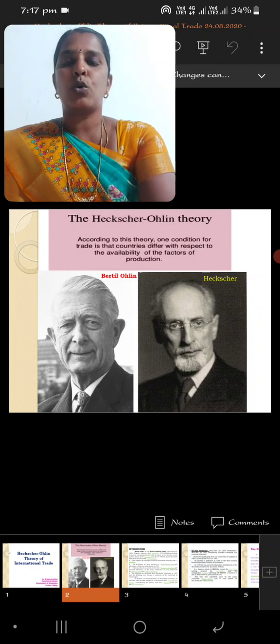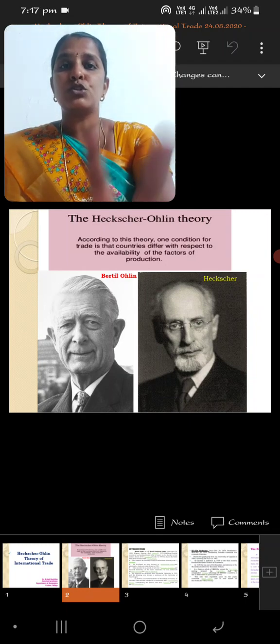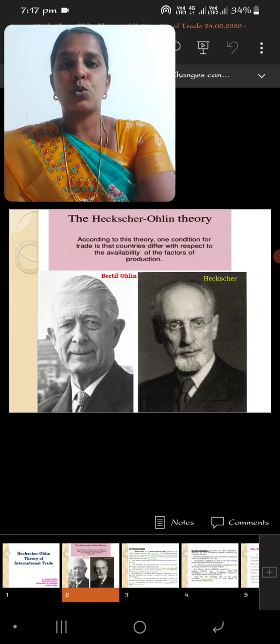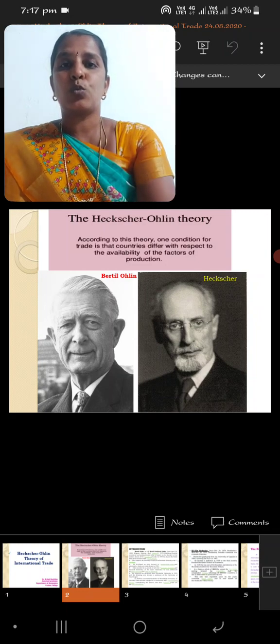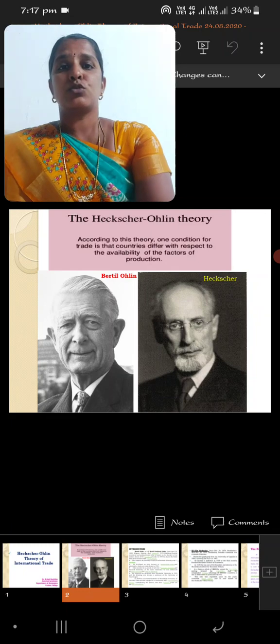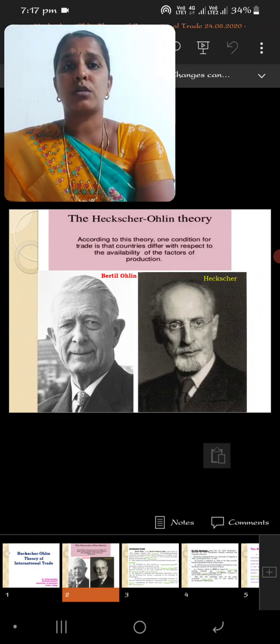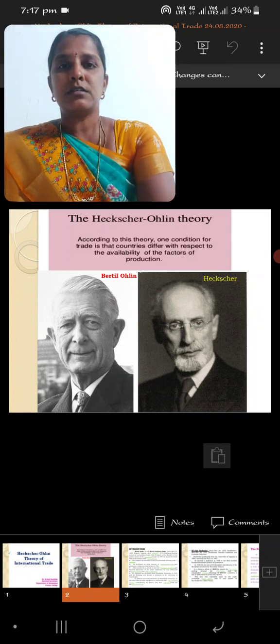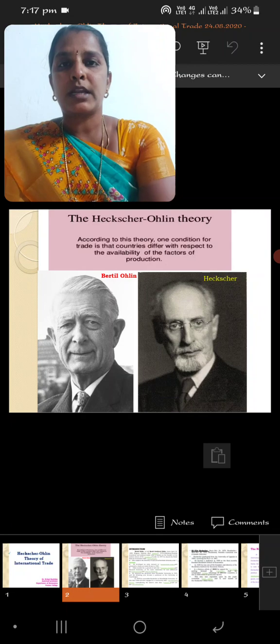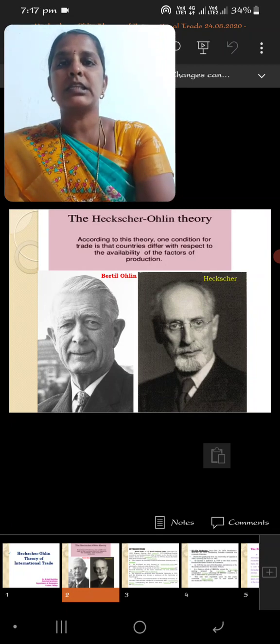The Heckscher-Ohlin theory. According to this theory, there is only one condition of trade between the two countries. In these two countries, they are producing only two commodities using two factors. Factors of production are land, labor, capital, and organization, four in total, but in this theory they choose only labor and capital.